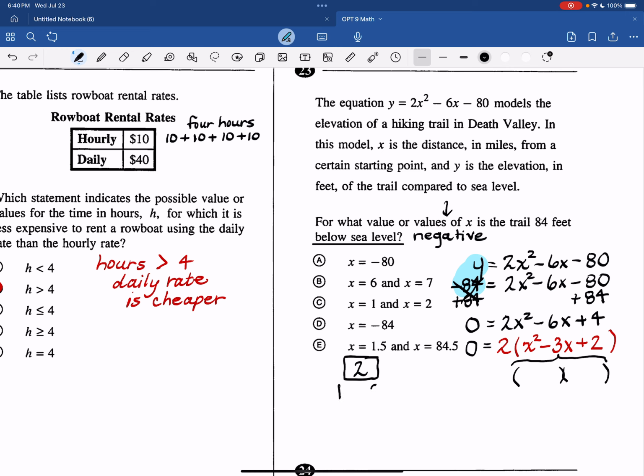That's going to be 1 times 2. And we want to get negative 3 in the middle, so we need both of these to be negatives. Negative 1 times negative 2 multiplied is a positive 2. That's what we want. But if you add those two terms, you will get a negative 3x. So we're going to say x minus 1 and x minus 2 as our 2 binomials.